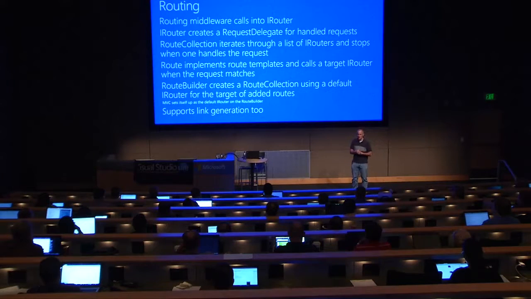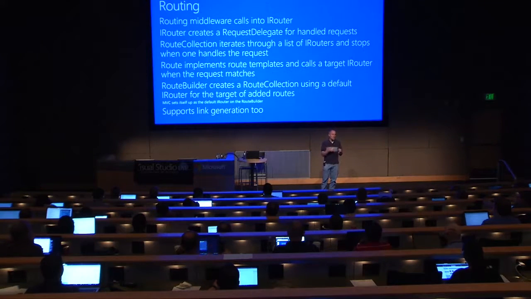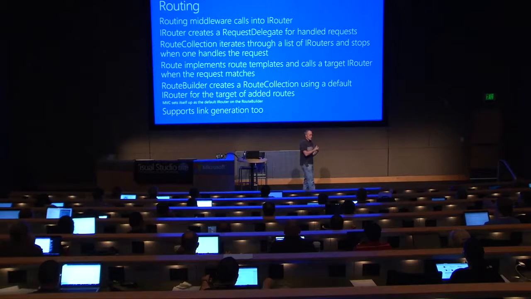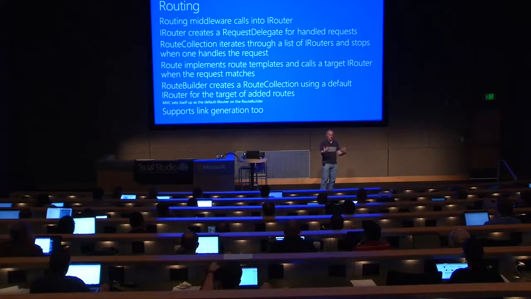All the route builder really adds is a notion of a default route handler. When you add routes using the route builder, it gives you a nice extension method that will add a route implementation, that Route class, the template route class. But it will specify that the thing it should route to when it matches is this default route handler that's on the route builder. And then with the route builder, you just call build. It gives you the route collection. You hand that to the route middleware, and that's how it flows.